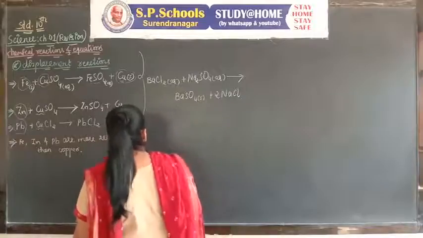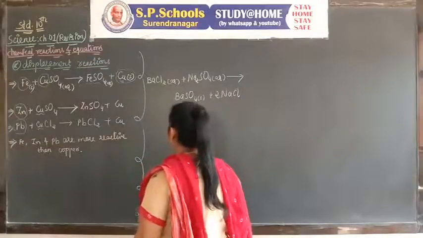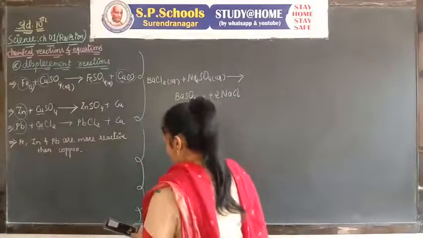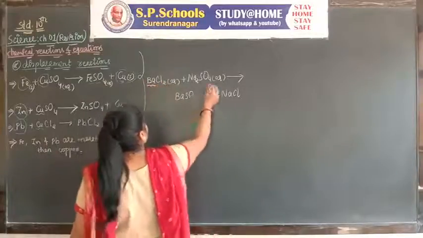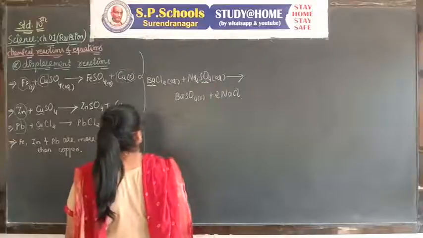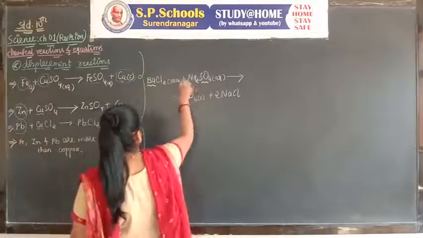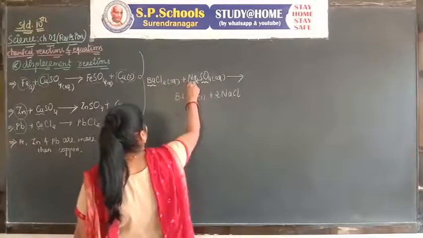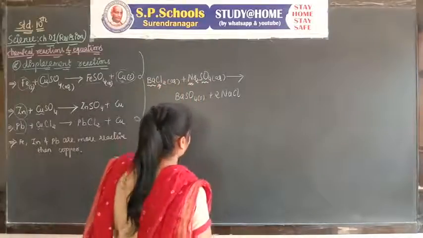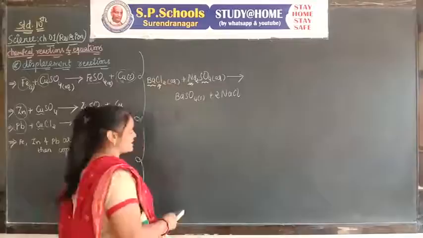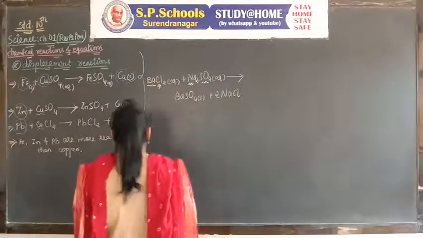In this case, exchange of two ions occurs. See, Ba is combined with the SO4 and Na makes the solution with the Cl. So the exchange of two ions takes place.